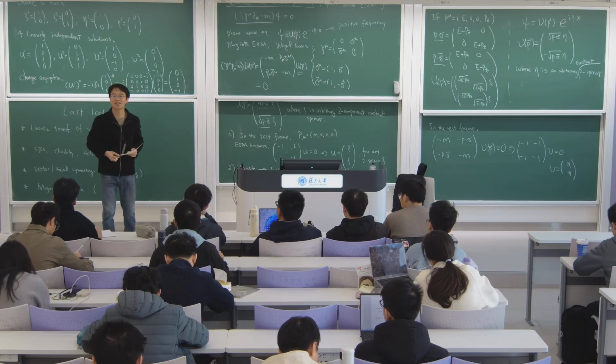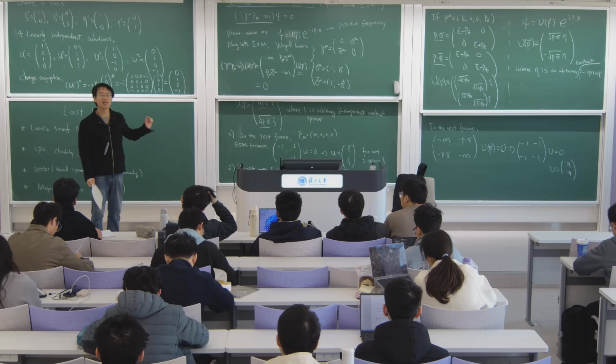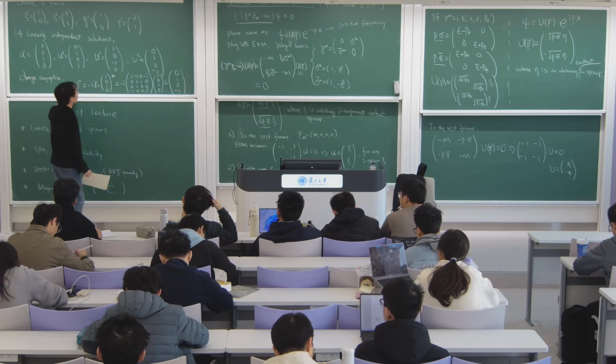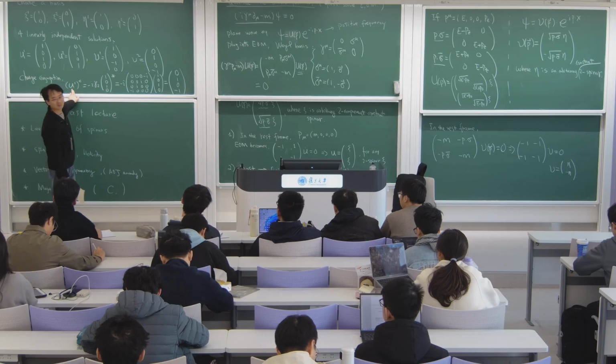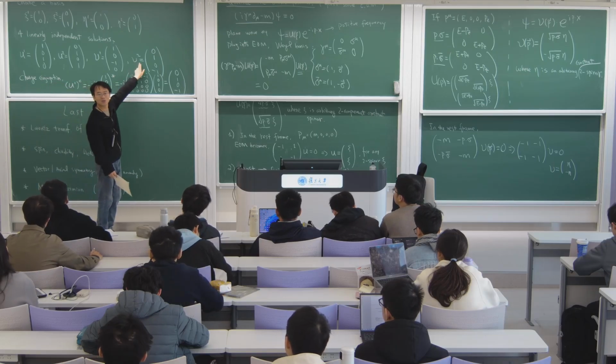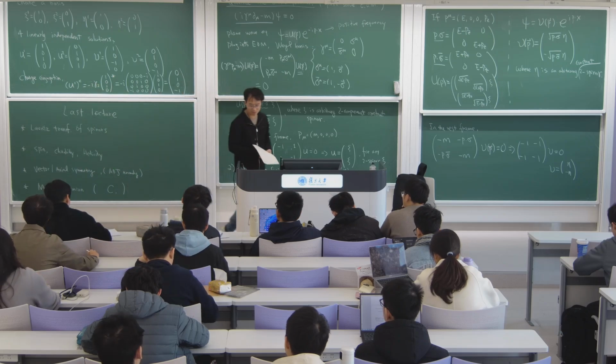Do you agree? You can check it. This is the answer. So you realize what? The charge conjugation sends this U1 to where? To my V2, you see? V2 is here.